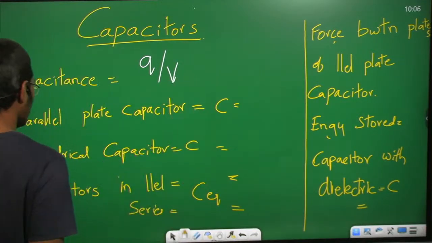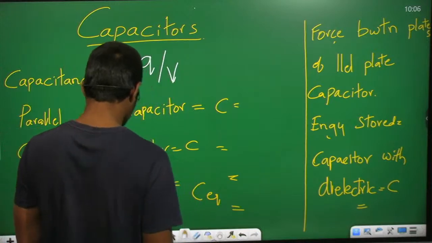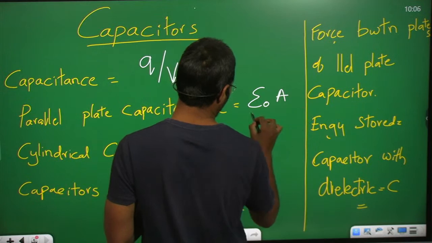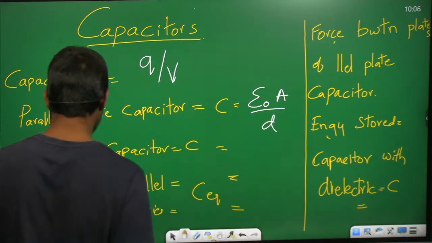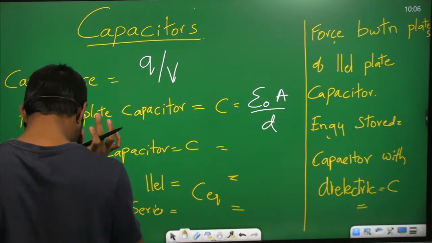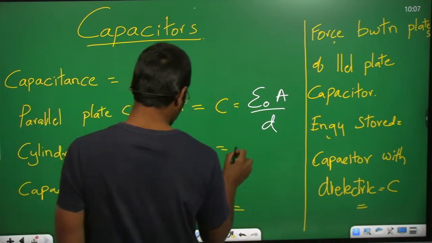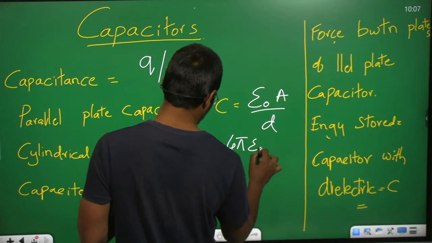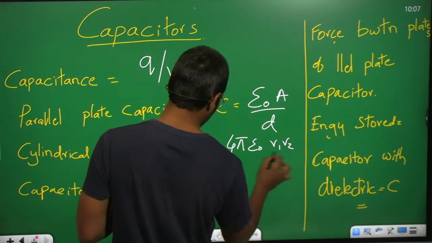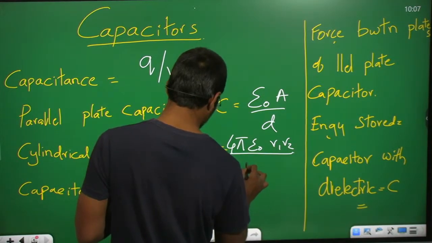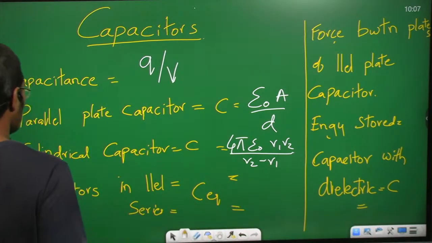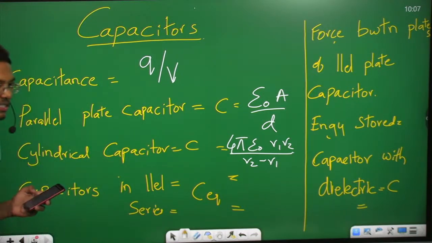So, cylindrical. Okay. So, capacitors when connected in parallel, what is C equivalent? Come on, people.